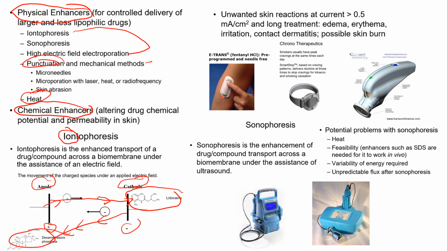But for this specifically, the biggest reaction is you can get skin reactions if you do this for too long, right? Which kind of makes sense. You're putting electrical devices up to your skin. Your skin might burn, might get redness, irritation. And this will usually occur at a current greater than 0.5 milliamps, which honestly isn't even a lot.